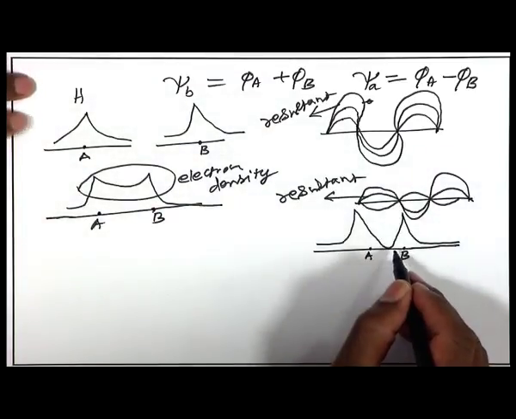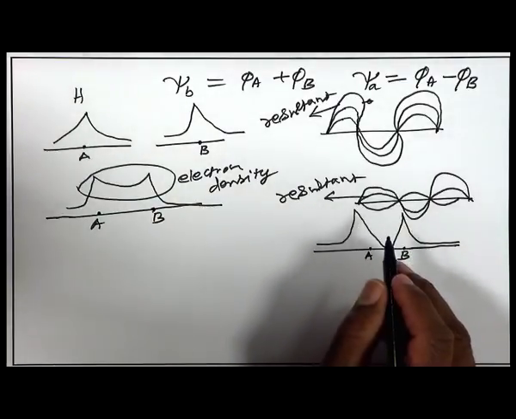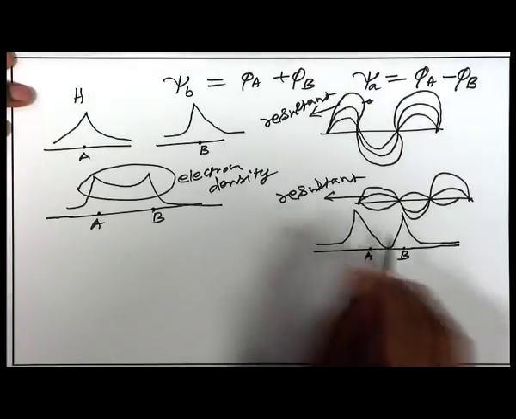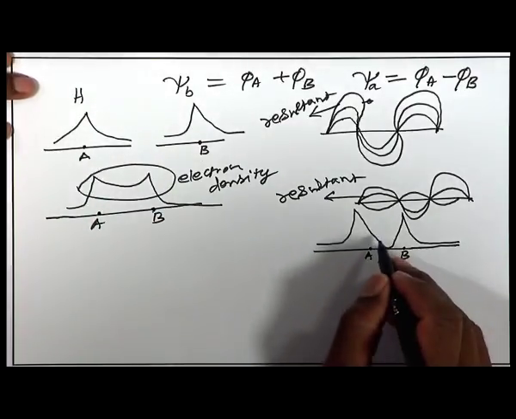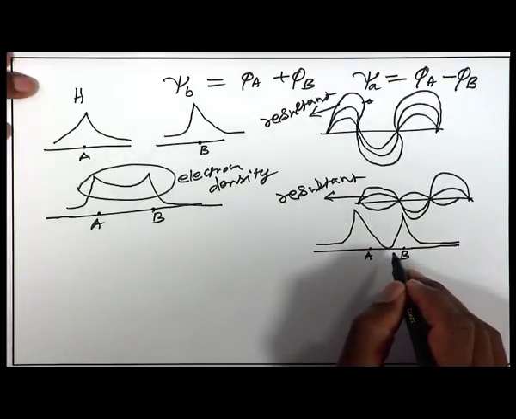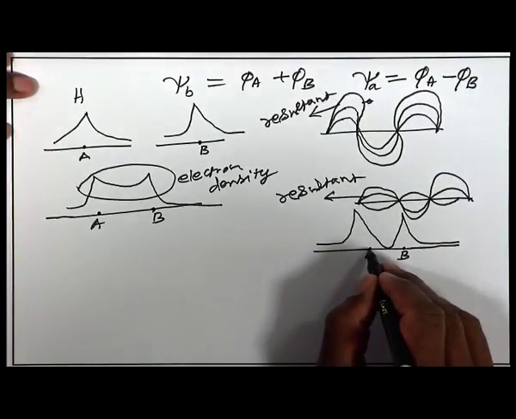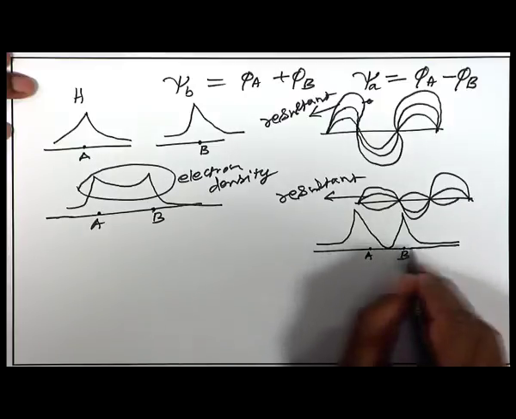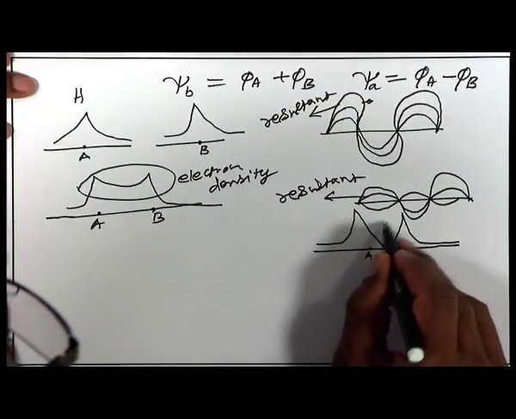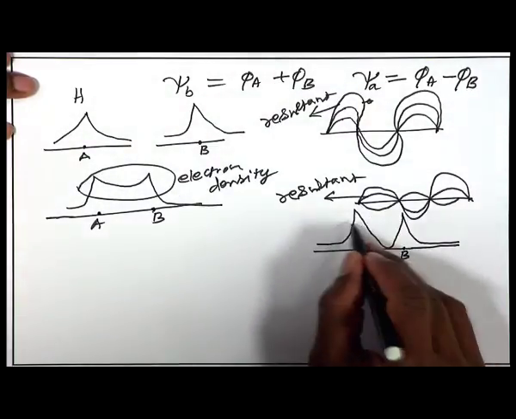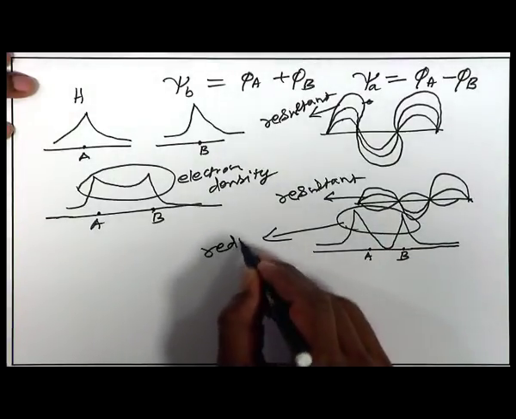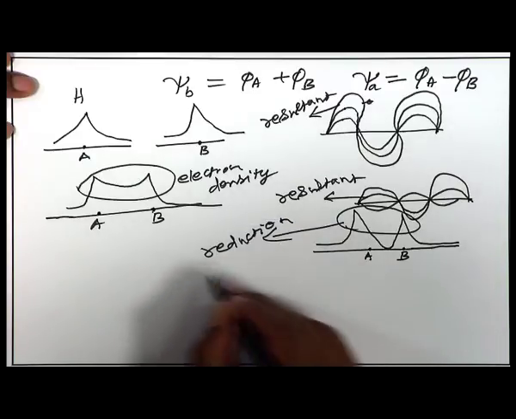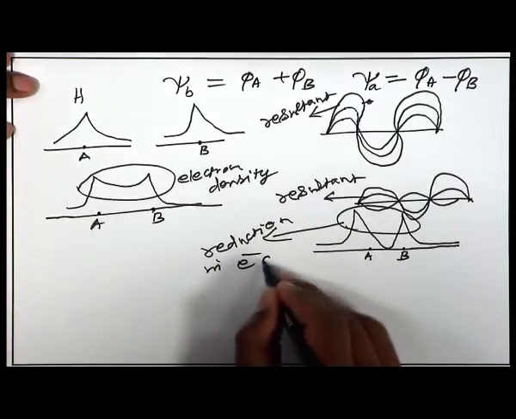On the other hand, in this situation, they can combine destructively as well, so that the resultant is like this one. Here nucleus A, nucleus B, and in between them there is a reduction in electron density. So, this one represents a reduction in electron density.